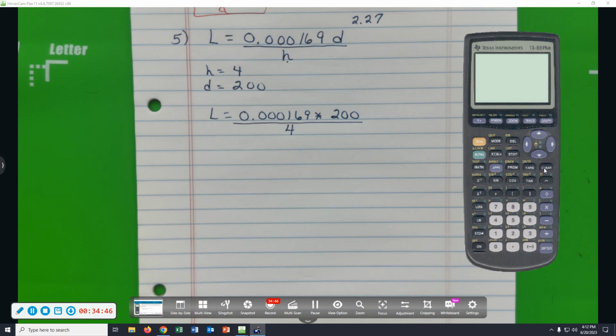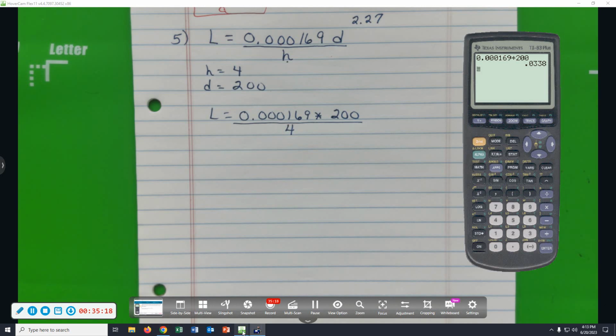Make sure it's all cleared out. So 0.000169 times 200. So the top number is that divided by, oh wait, let me clear that out.